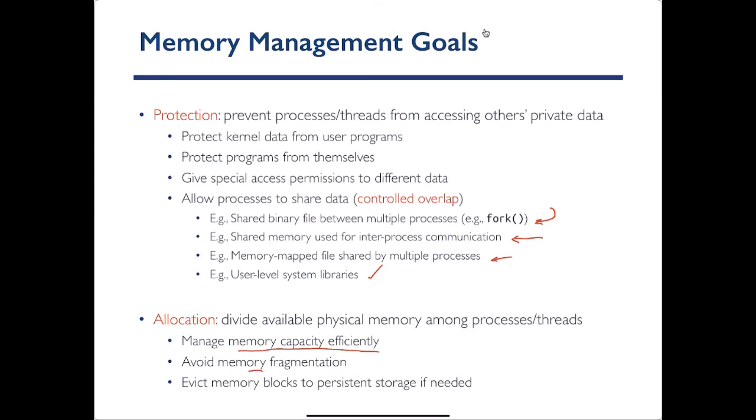You want to avoid memory fragmentation, and then, this last part we'll talk about later on, you want to be able to evict memory efficiently if you don't have enough space left, to evict pages back to permanent storage, and then open up some space for other processes to use memory. So these are sub goals of memory allocation.